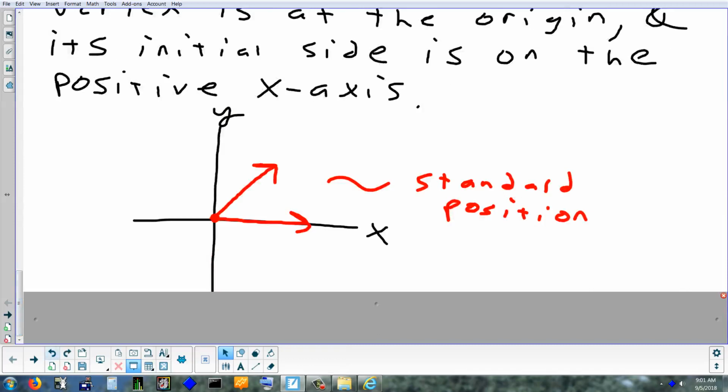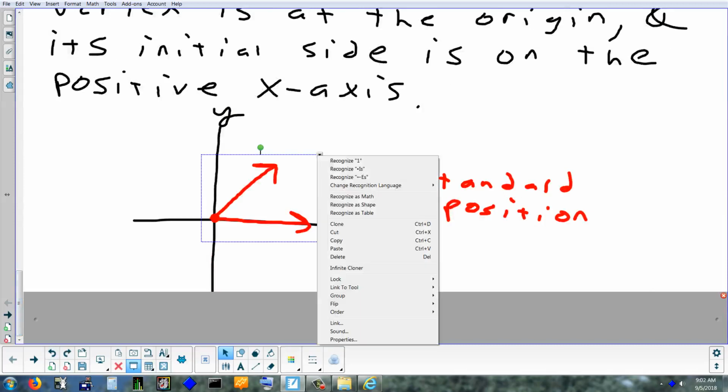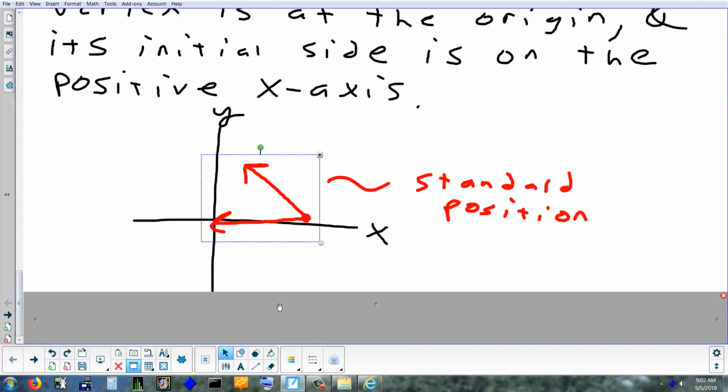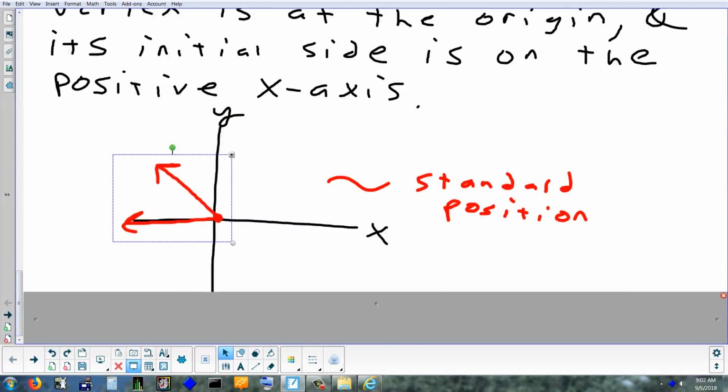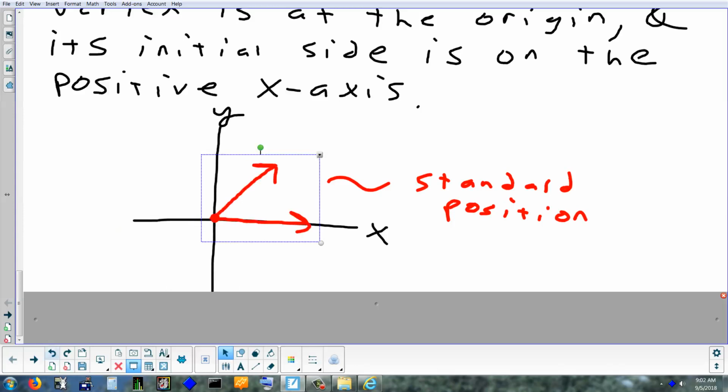Yes? Sean? Or if it's the other way around, so like if the terminal side is rotated around. So like it was still on the x-axis, but instead of pointing up, it's pointing down. It's on the negative side. I think he means like flip. Yeah. So if this side was like this?